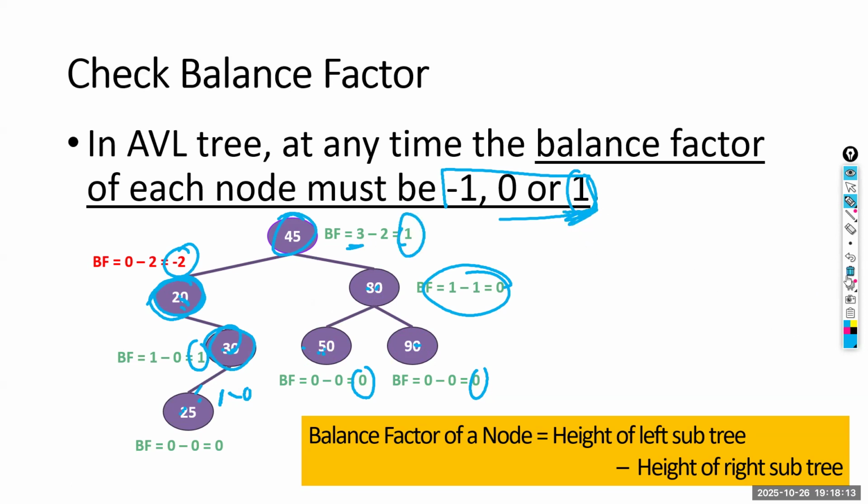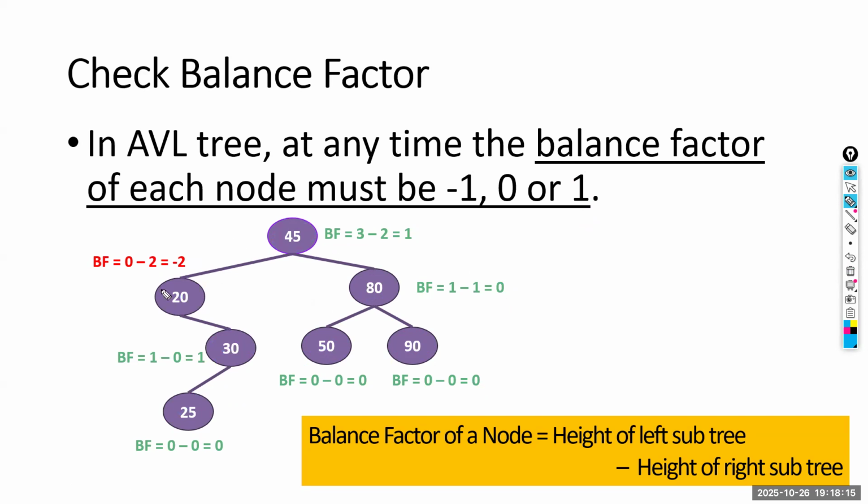Now in this binary search tree, we have a violation. The violation is in this particular node. So now we need to adjust this, right? Balance this. So likewise, whenever there's a violation, we balance it before inserting the next one. Okay, is it clear?